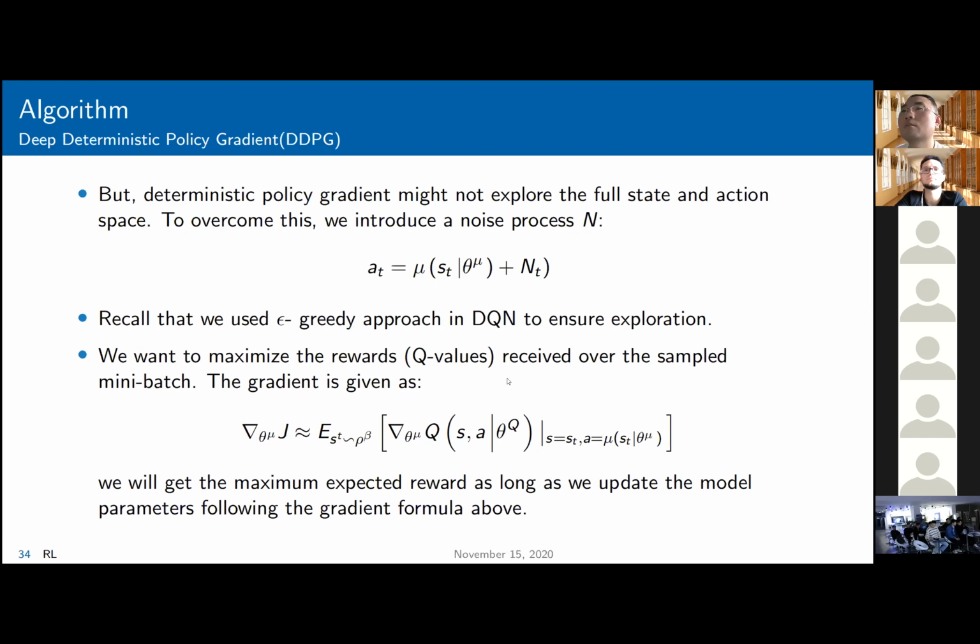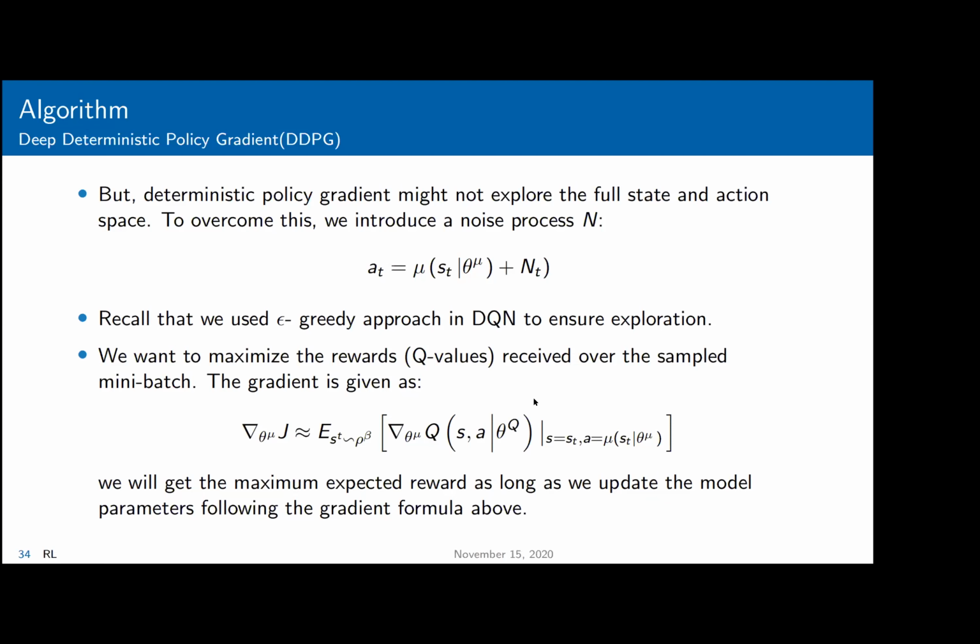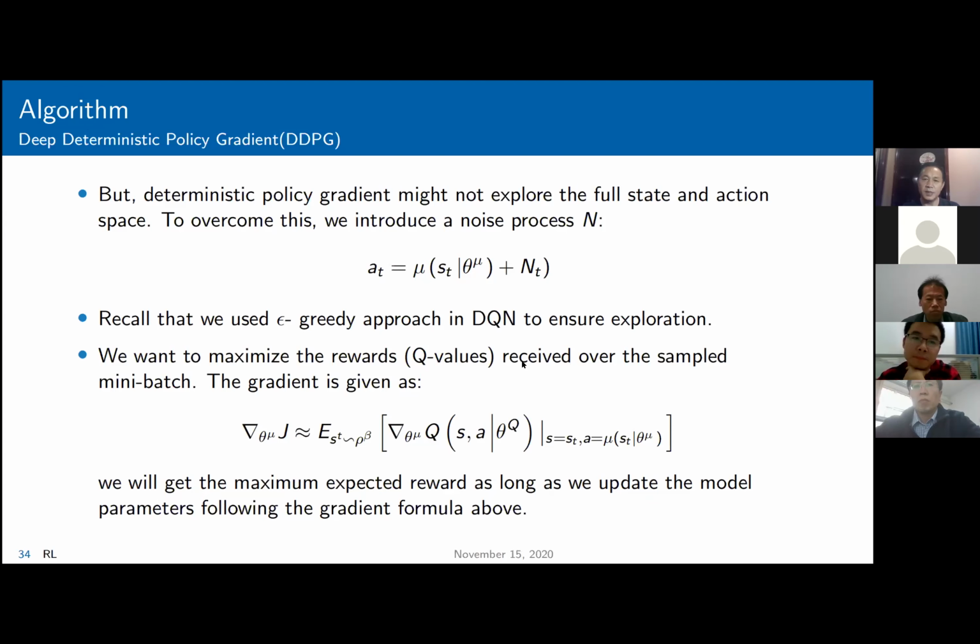The OU process has a good correlation in time sequence, which can enable the agent to explore the environment with momentum properties. The purpose of exploration is to explore potential better strategies. Therefore, during the training process, we introduce random noise to the action decision making mechanism.